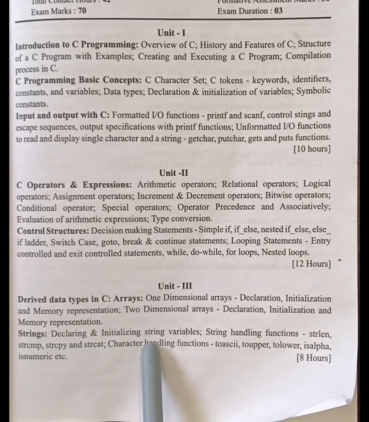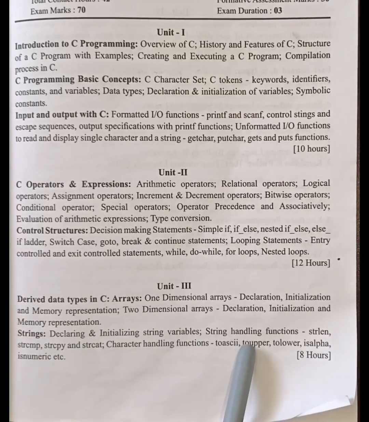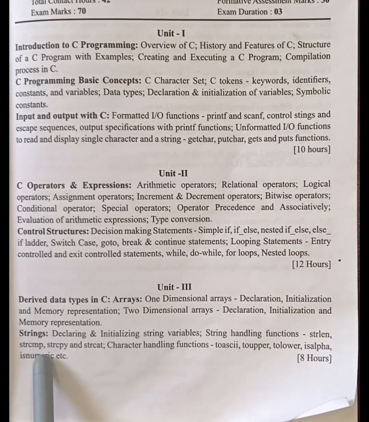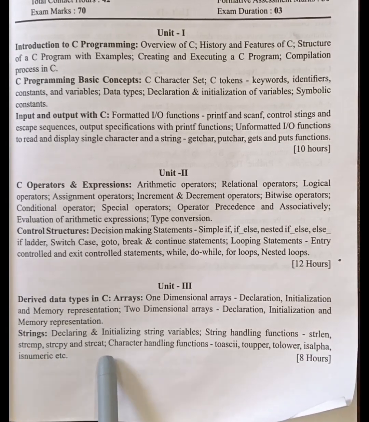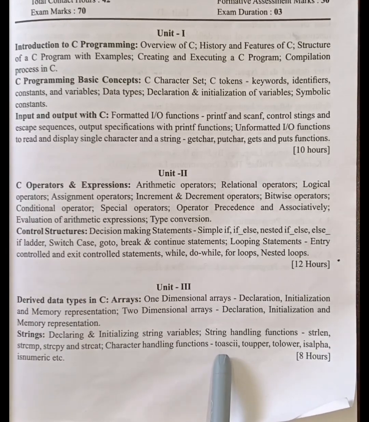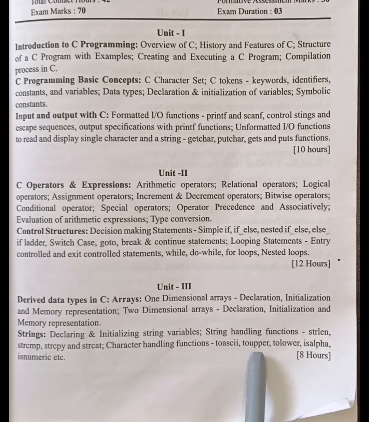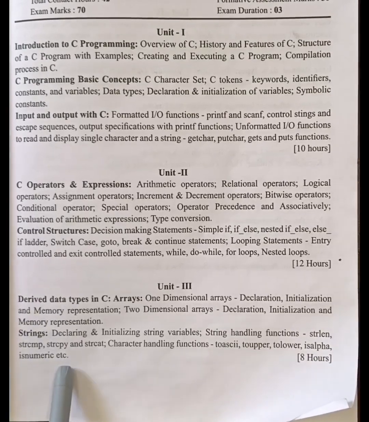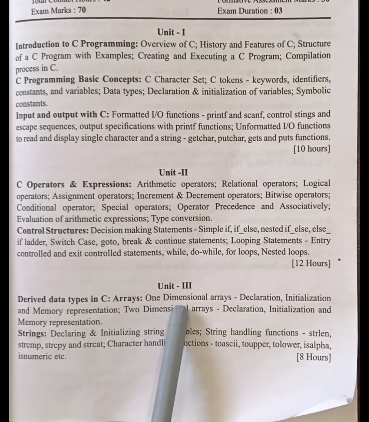In it you can see various topics like declaration and initialization, string variables, string handling functions, string length, string compare, string copy and string cat, character handling functions, toascii, toupper, tolower, isalpha and isnumeric, etc. These are all unit 3.